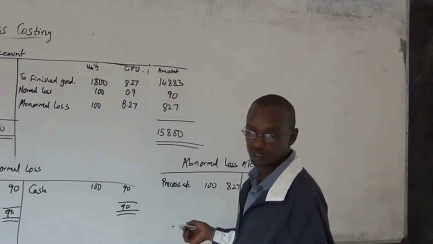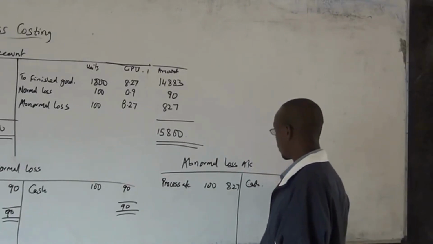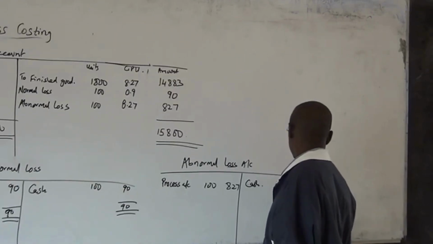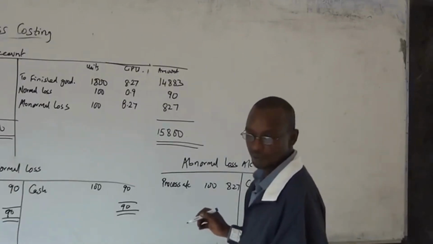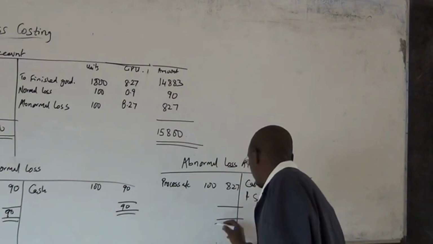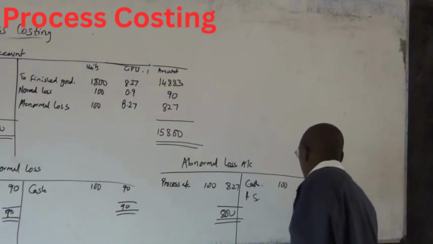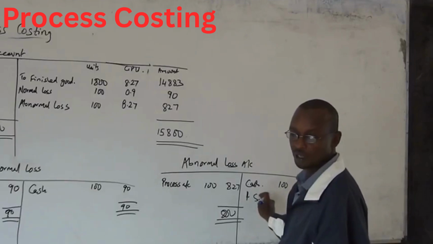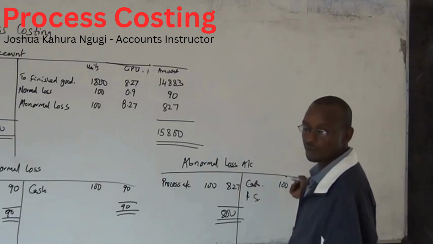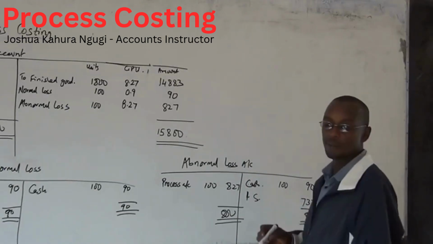And then these units are sold for cash, 100 units at 0.9, that's 90. Then the other one, we'll take it to the income statement. Balance this. The balance carried down, you take it to the income statement. It will be accounted as a business loss. So it is 737. That's the abnormal loss account.